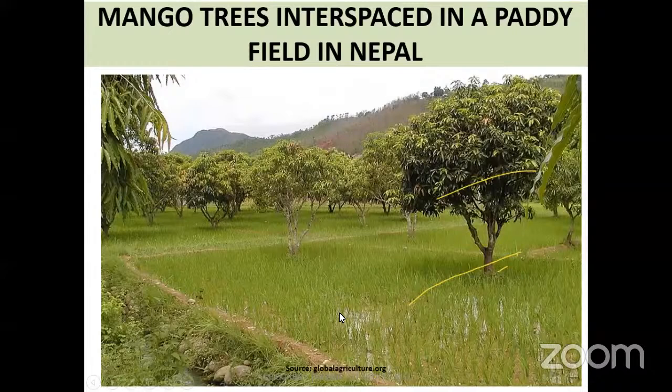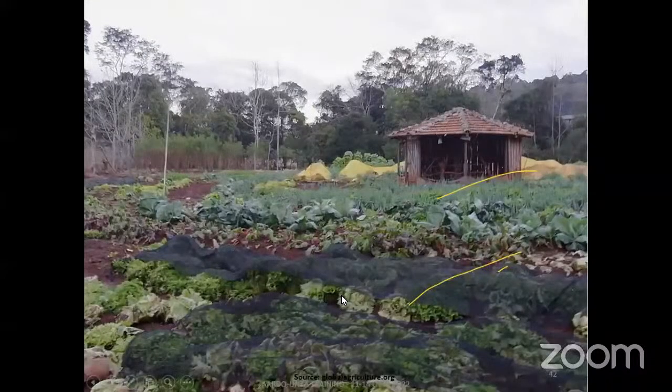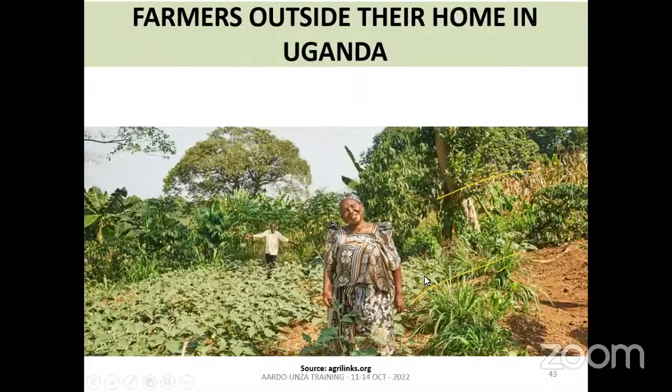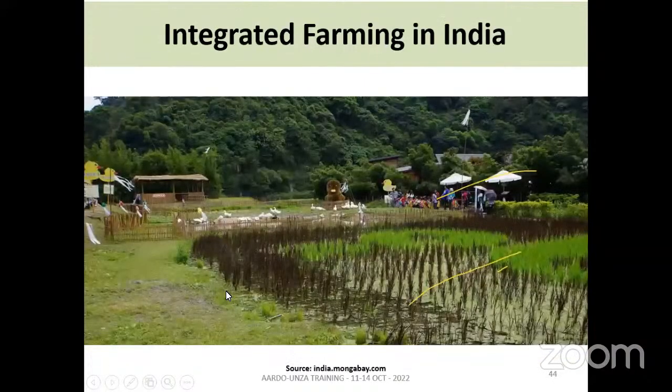This is another setting where you can see different types of vegetables, and they are mixed at the same time with the trees and fruit trees and natural trees and so on. Okay, this happens. Here's another image of somewhere in Uganda. You can see there are planted trees, there are naturally existing trees, and there's a diversity of crops here.